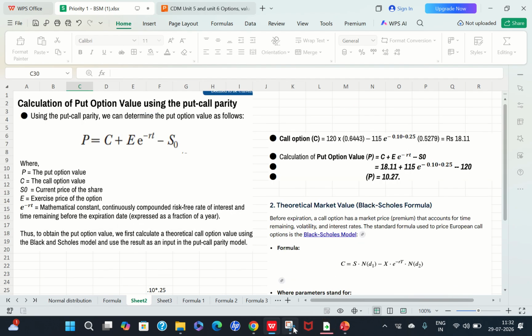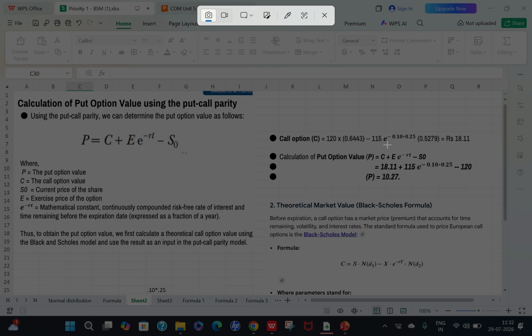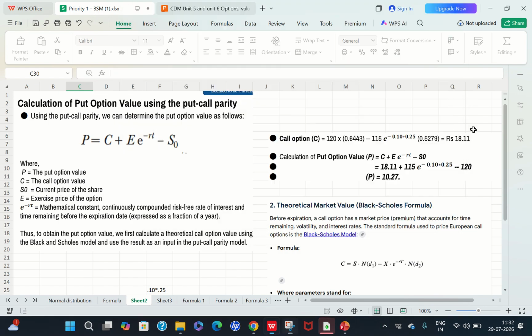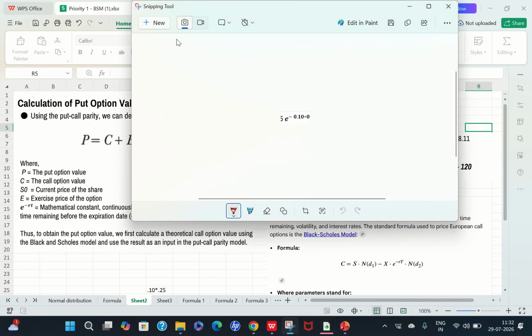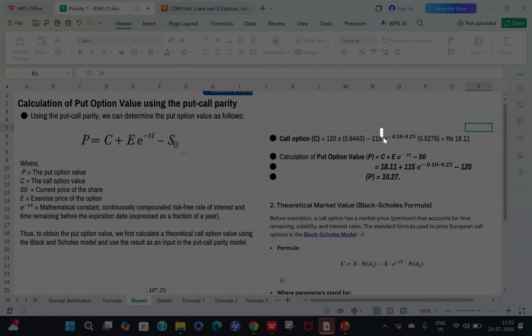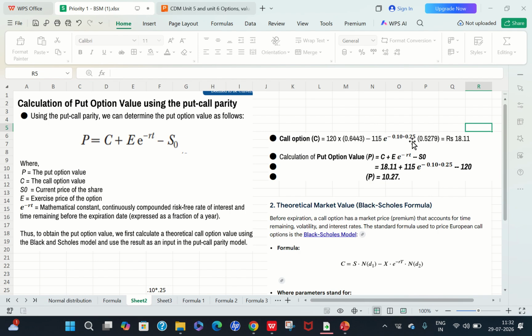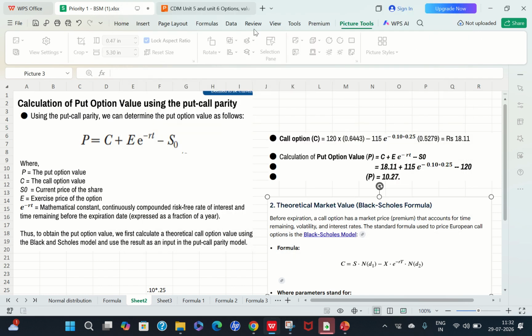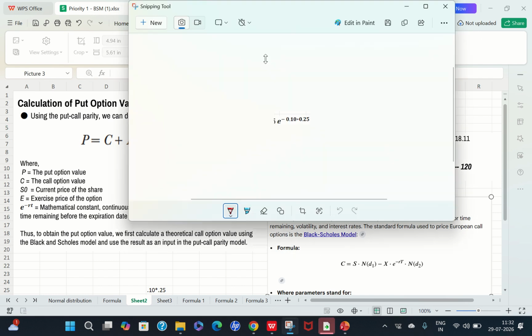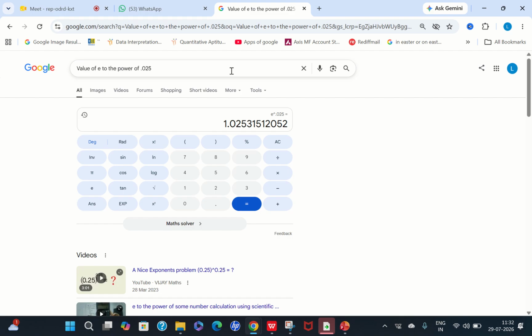In terms of e to the power of minus 0.10 into 0.25, we just have to determine it. Normally these answers will be given in the examination. So let's put it here.